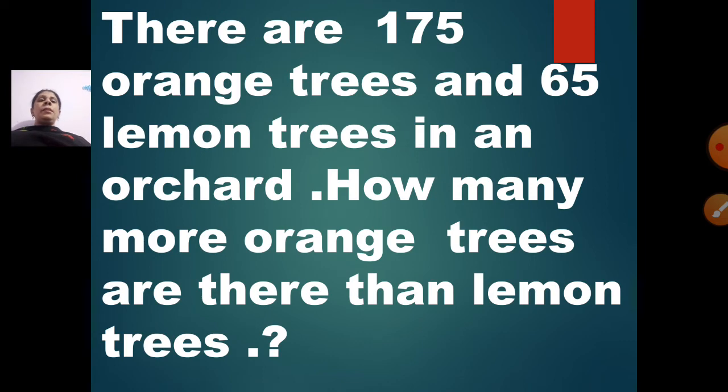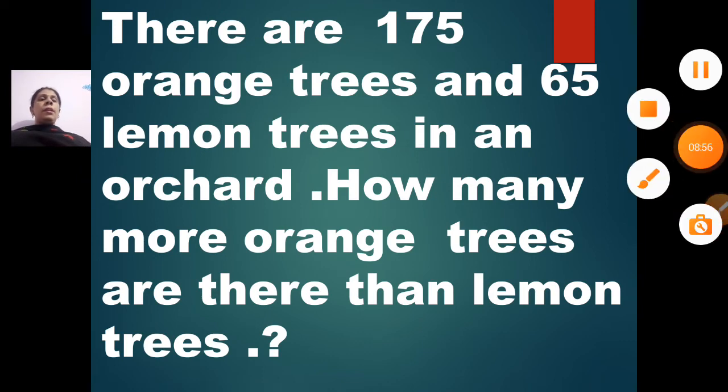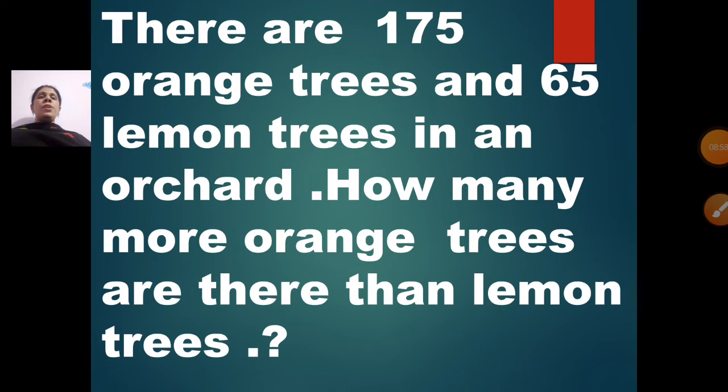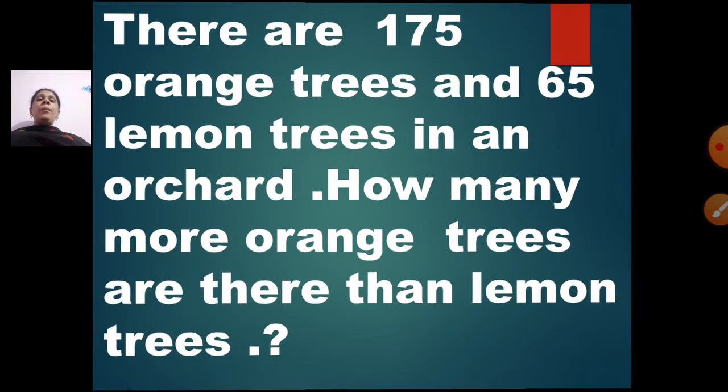Next, there are 175 orange trees and 65 lemon trees in an orchard. How many more orange trees are there than lemon trees? Okay. So now that we have 175 orange trees and 65 lemon trees, we have to find out how many more orange trees there are.